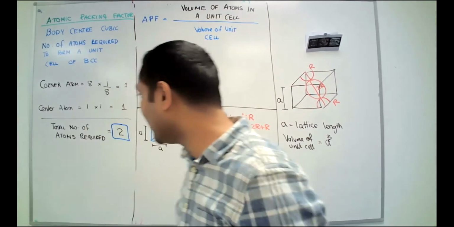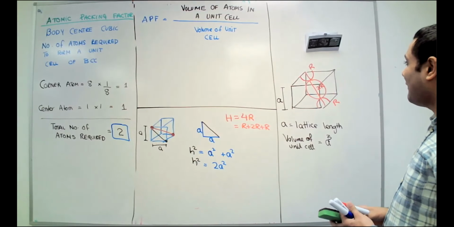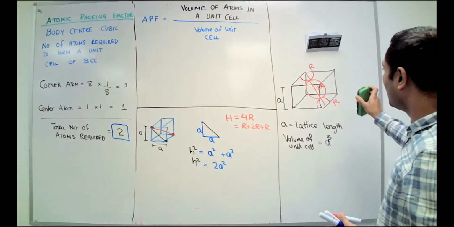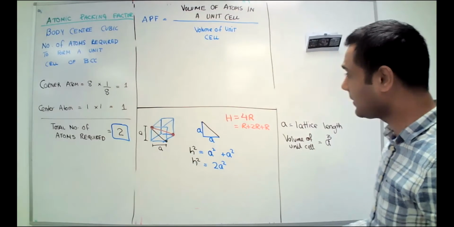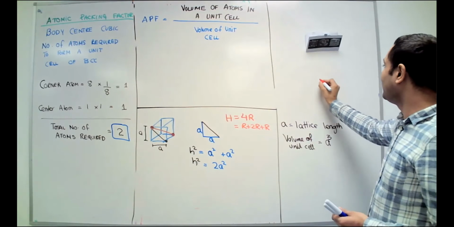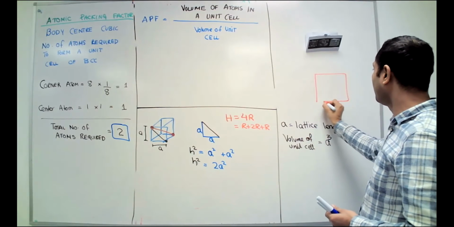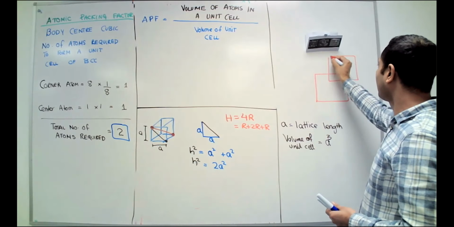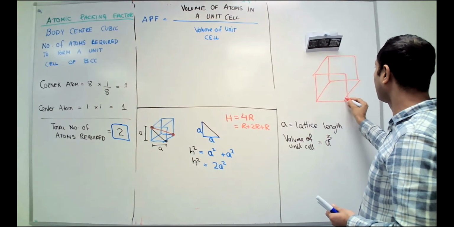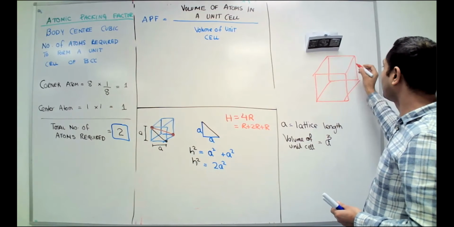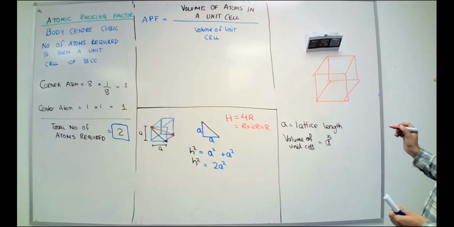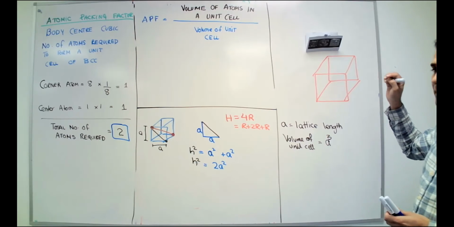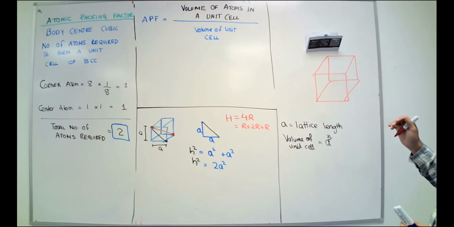So now we got the body diagonal. Now I'm just going to redraw this one. Let's say we got a cube now. And I want from one corner to another corner.